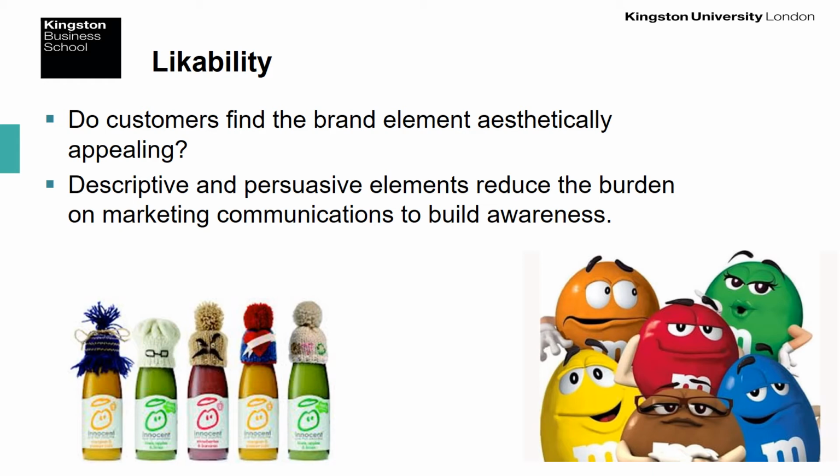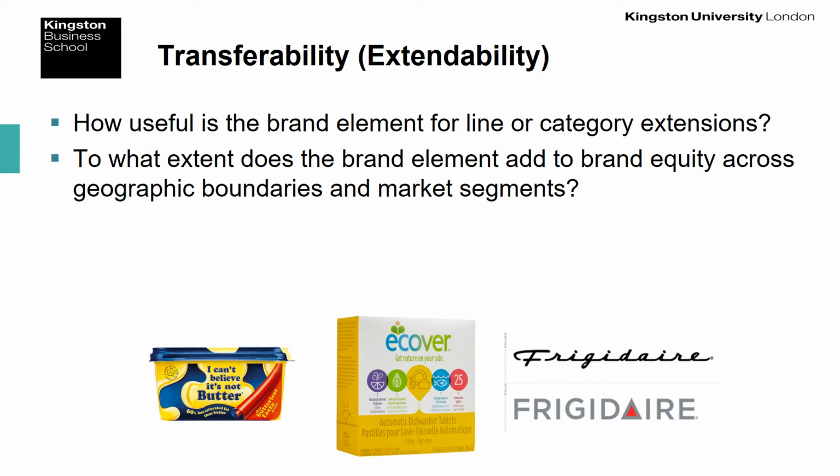So we've looked at the three offensive criteria, and now let's move on to our defensive playbook for brand elements. Starting with transferability. This is sometimes referred to in the literature as extendability.